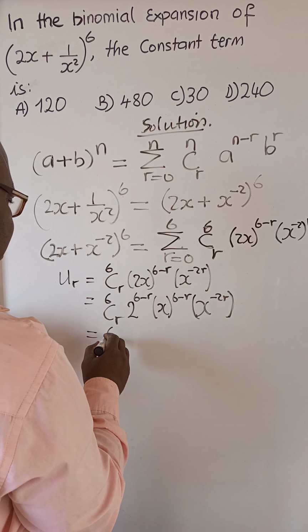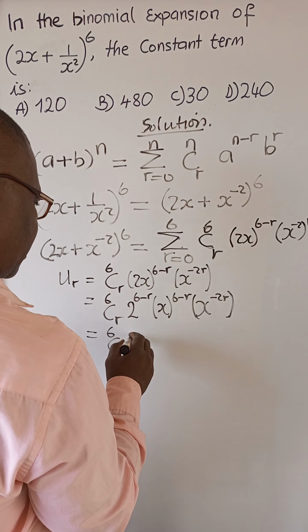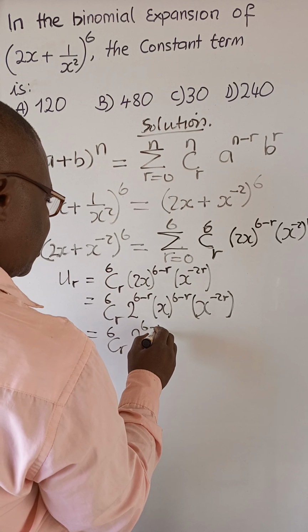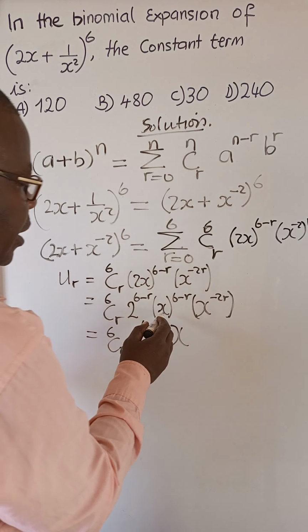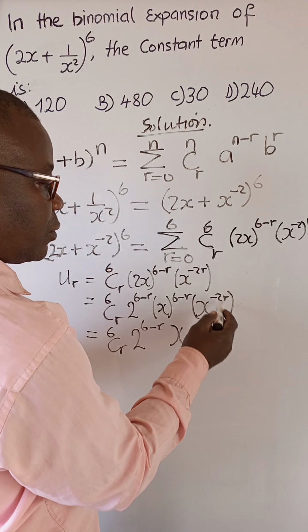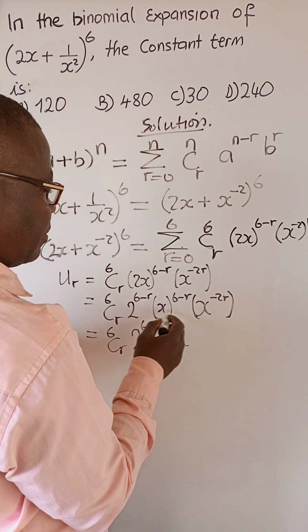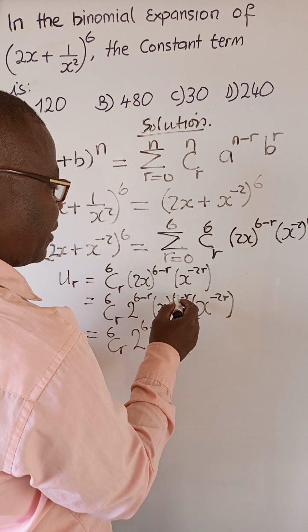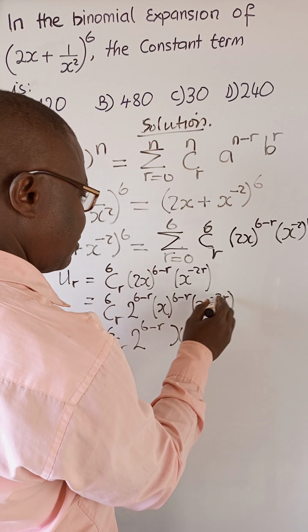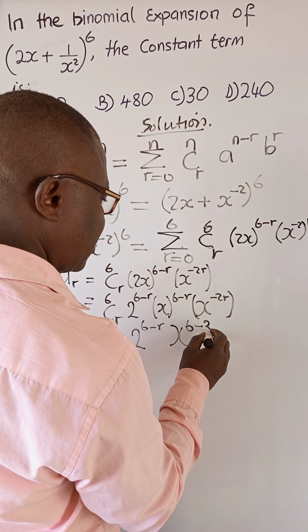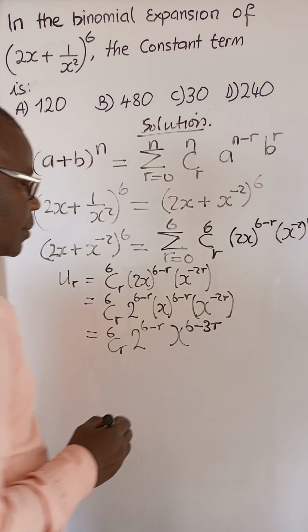Alright, this gives us 6 combination r, 2 to the 6 minus r, x. Now, we have this index expression multiplied to this index expression. Since the bases are equal, we have to add the powers. It becomes 6 minus r minus 2r, which is 6 minus 3r.